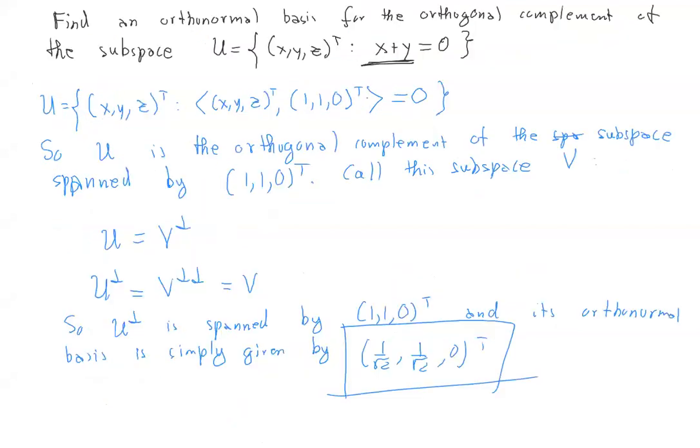Is this the one you're asking about? Yeah, so pretty much what I said is that U is the orthogonal complement of the subspace spanned by 1, which means that the orthogonal complement of U, which is what we really want because it said find the orthogonal complement of the subspace, is the orthogonal complement of the orthogonal complement, which is the original subspace. That's pretty much what I'm saying.